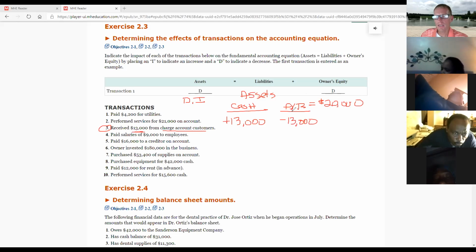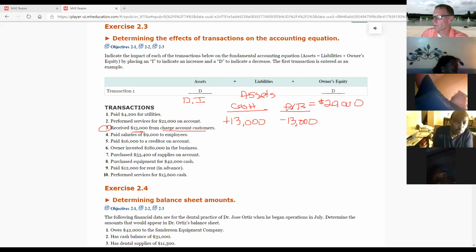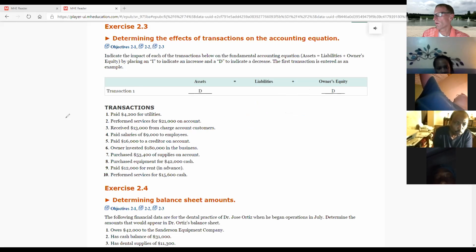And let's say we're collecting $13,000. That's what they're telling us here. They're telling us that we're collecting some of our accounts receivable, if not all of it. We don't know that. But essentially, there's some money amount that is actually owed to us. We're just simply putting that into cash and reducing accounts receivable.